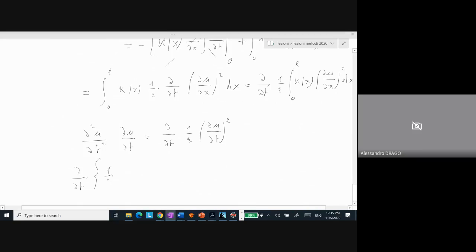Of 1/2 the integral. Okay, the a is really relevant. I can put this a everywhere. It doesn't really matter.